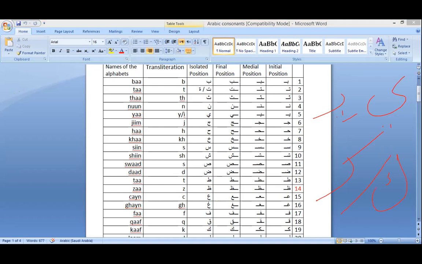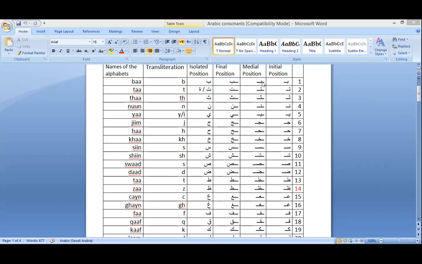Yes, sir. Good. Let's look into the middle position of these letters. This is the middle position. In the middle position, you see here, on both sides, letters are left free because the assumption is that there is a letter or there are letters here and there are others here. So that's why they are left free.